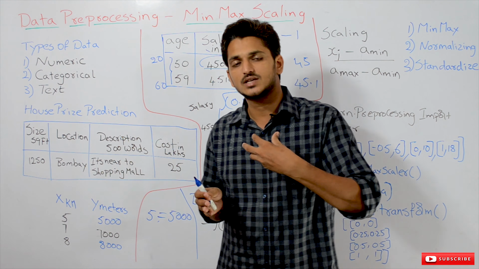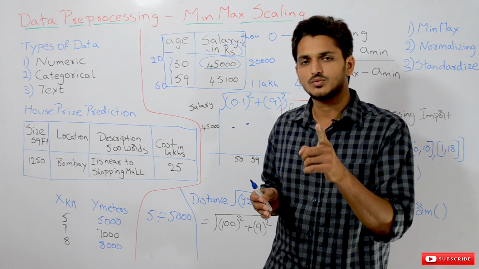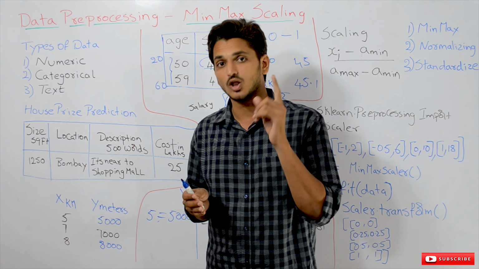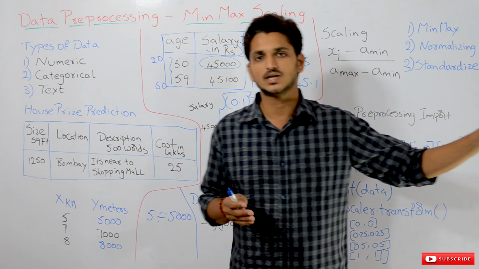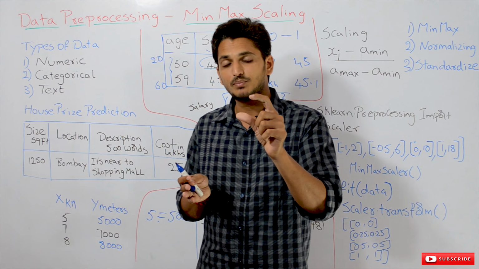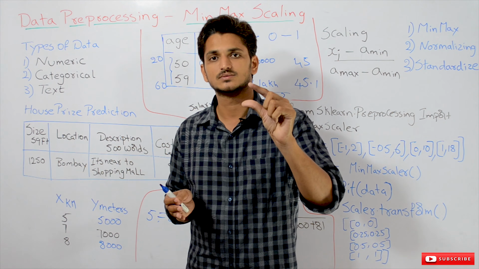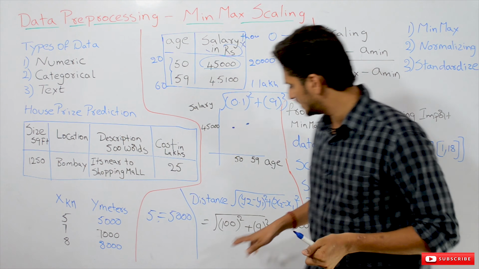We already discussed our first model, the linear regression model. We calculated the loss in that model. Please watch those videos and come back here. The loss is dependent on distance.